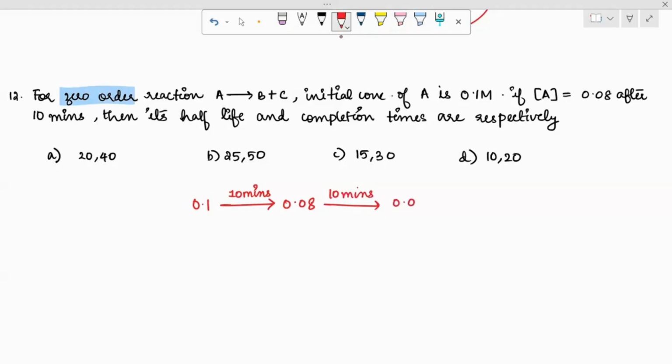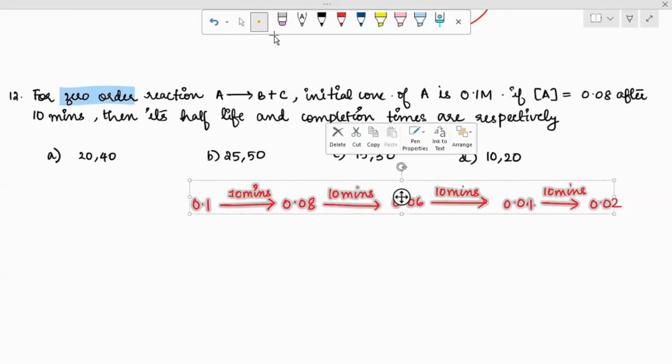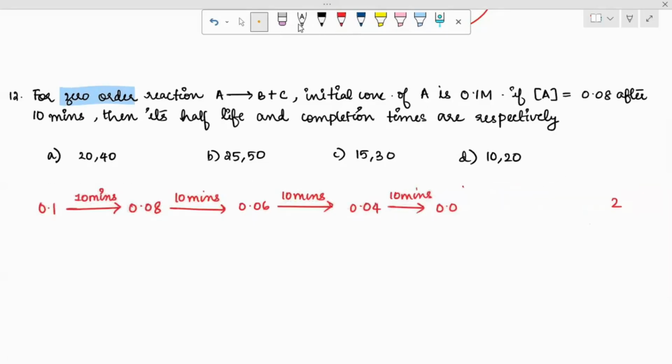This becomes 0.06. In the next 10 minutes, it becomes 0.04. In the next 10, it becomes 0.02. And finally, in the last 10 minutes, it becomes 0.